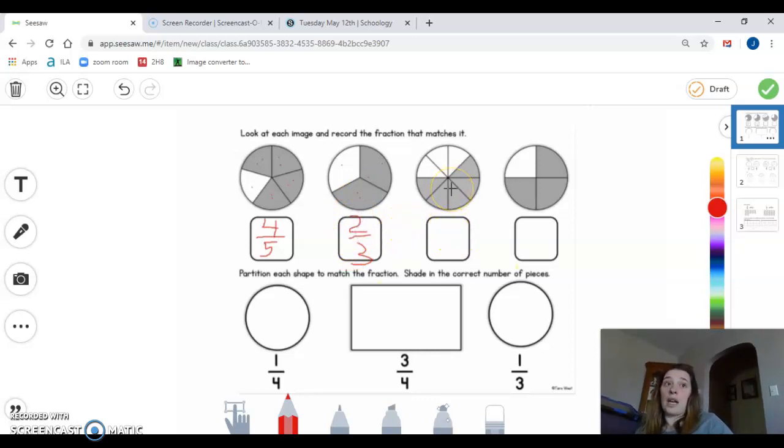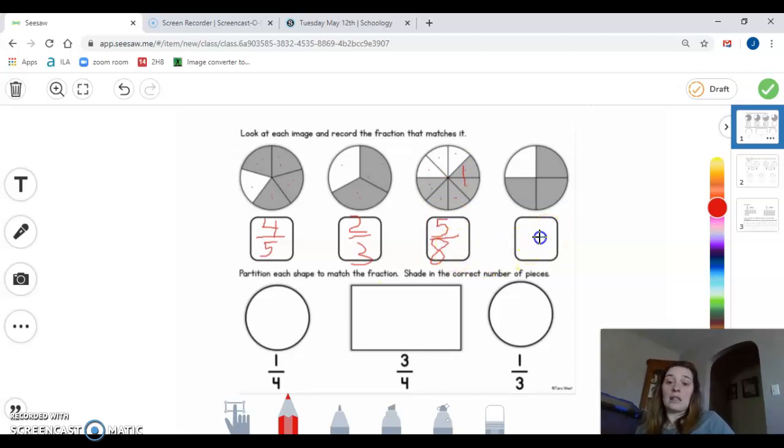And the next one, I'm going to count this one. 1, 2, 3, 4, 5, 6, 7, 8. That one is in 8 parts. So my denominator is 8. And then I need to count how many are shaded. 1, 2, 3, 4, 5. 5 is my numerator.